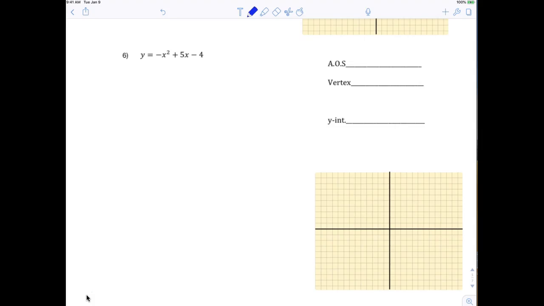All right, so let's see. For your axis of symmetry, I believe x equals what? Right? Is everybody good with 5 over 2? Everybody happy? 5 over 2? And now we're going to plug 5 over 2 in. So y equals negative parentheses 5 over 2 squared.